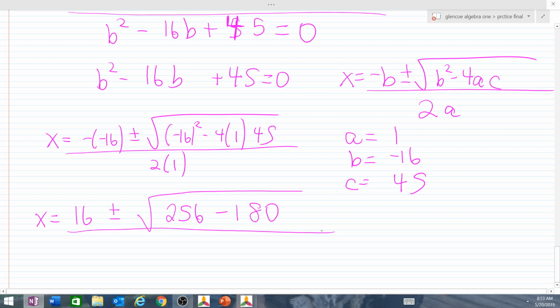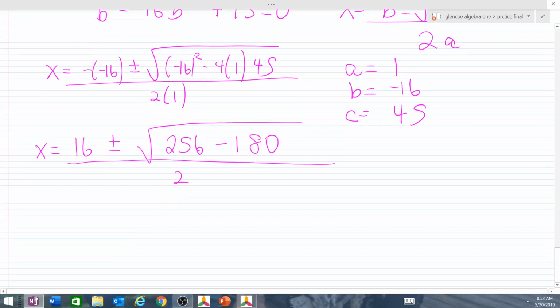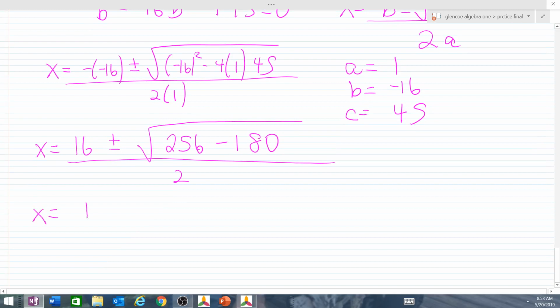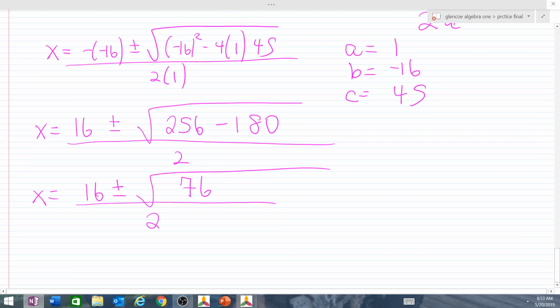Could someone check to make sure I'm not making a mistake, please? Are we good? Are you guys checking me to make sure I didn't mess up?